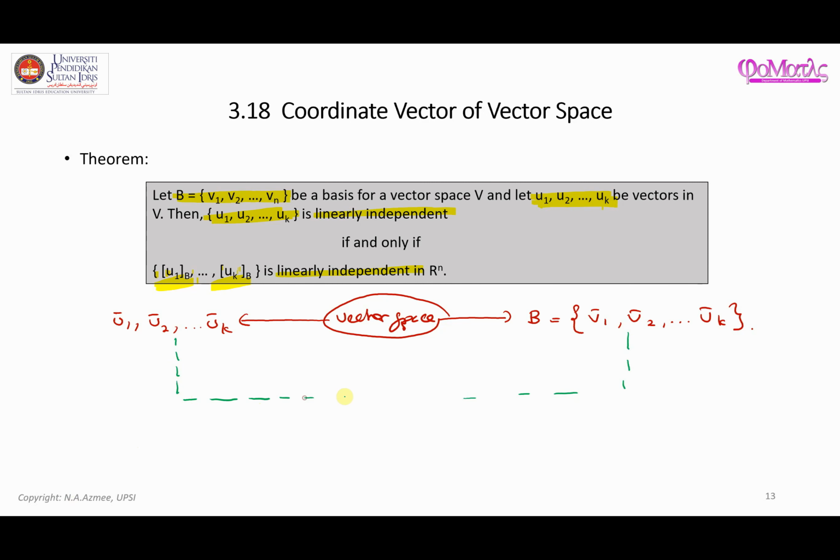So u1 is the combination c1 v1 plus c2 v2 plus up to ck vk. Of course, for u2, c1 v1 plus c2 v2 and so on up to ck vk, and we have many vectors, up to the last vector here.